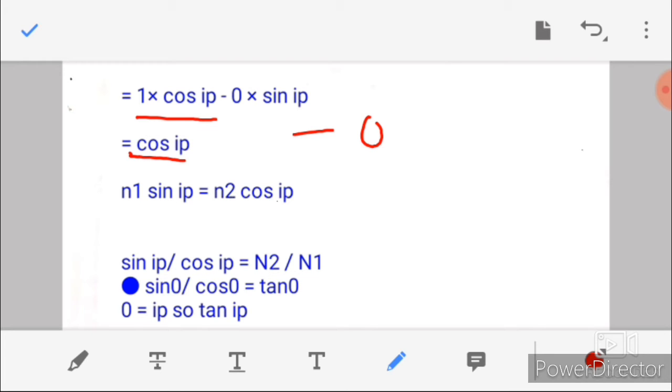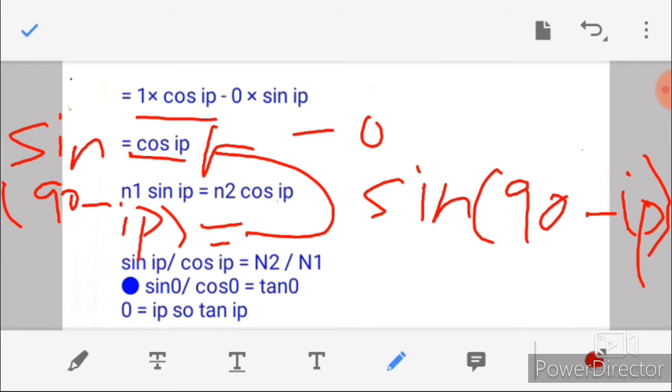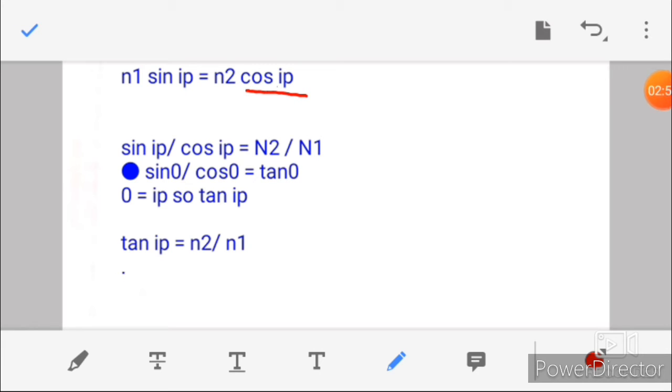So we get the answer: sine of 90 minus IP is equal to cos IP. Now putting the value of cos IP in place of the sine, n1 sin IP is equal to n2 cos IP. Now this cos will go and divide the sine, and this n1 will go and divide n2.